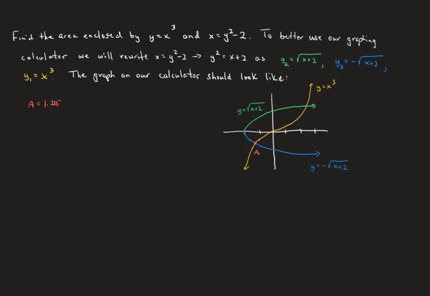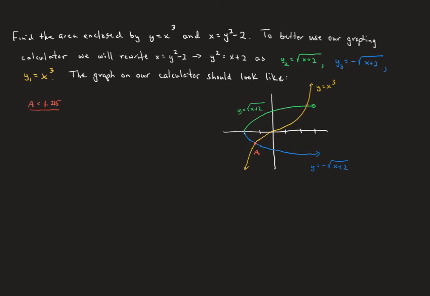So that's going to be our point of intersection between the blue curve and the yellow curve. So what we can do is, if we are trying to find the area between these two curves, one thing we could do is, oops, I'm sorry, the 1.25 is actually this point right here.